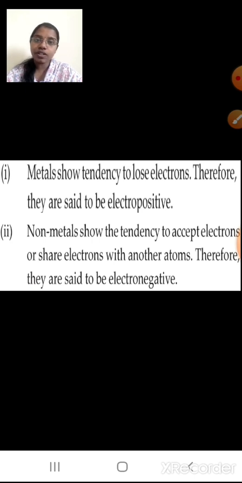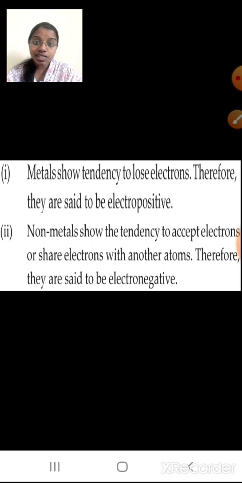You have studied in your previous standard also. Sodium is a metal, chlorine non-metal. Sodium gives 1 electron to chlorine, so chloride ion is formed, sodium ion is formed, right? And because of the ionic bond, sodium chloride is formed, right? So sodium is electropositive, chloride ion which is formed, that is electronegative.